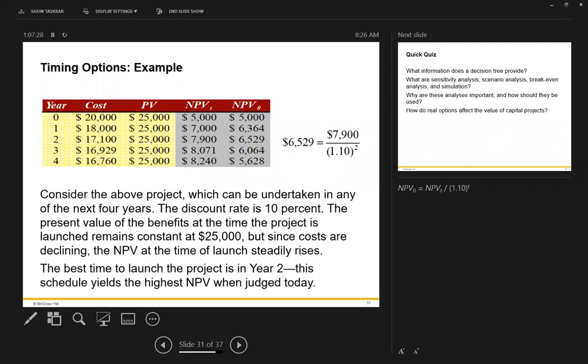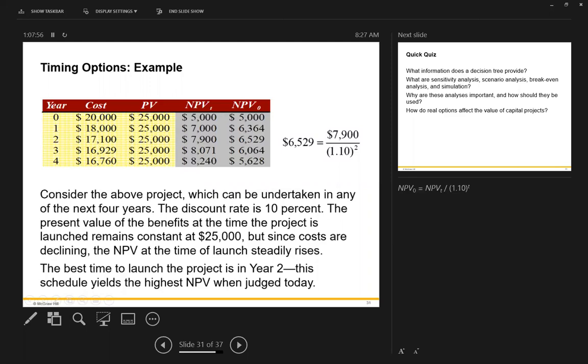So we're just setting up here for timing options. So now we're like, oh, we could do this project. When should we do it? Well, this is what you will do. Determine how much the cost would be each year, the present value of that project each year, then determine the net present value at time t and time 0.